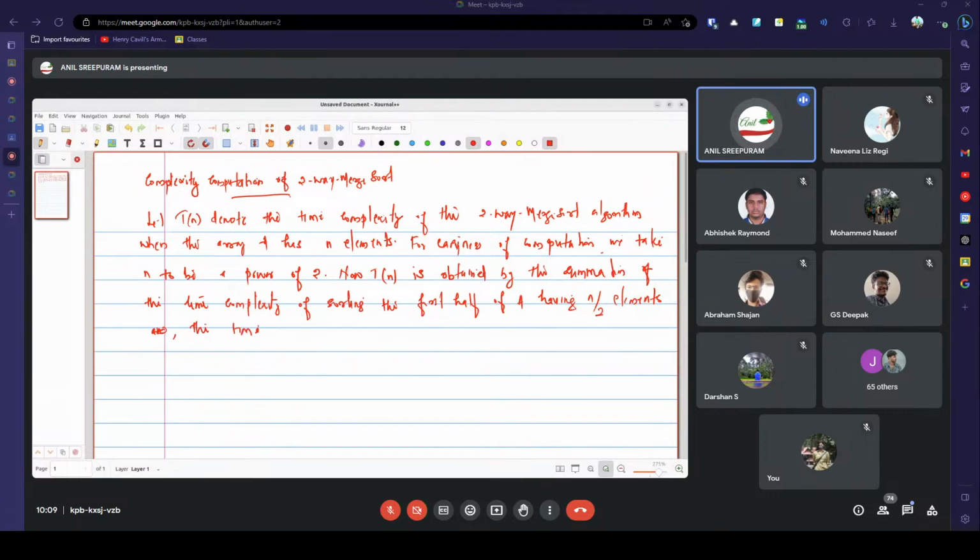So first you have to take the time complexity because it is again calling the same algorithm with the n by 2 elements, first half.